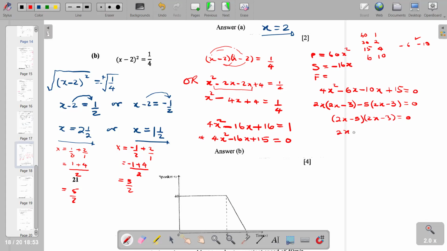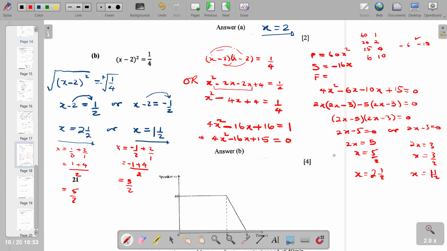Equate each bracket to 0. 2x minus 5 equal to 0, or 2x minus 3 equal to 0. So the answers here: 2x equal to 5, x equal to 5 over 2, which converts to 2.5, or 2x equal to 3, then dividing both sides by 2, x is equal to 3 over 2, which converts to 1.5.